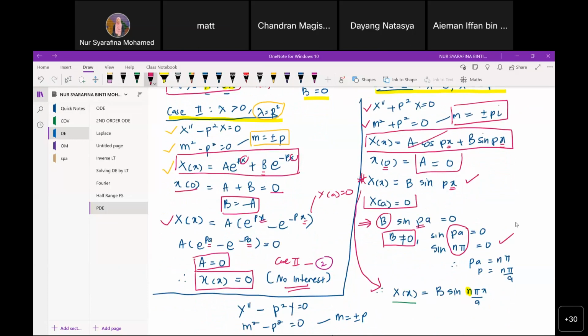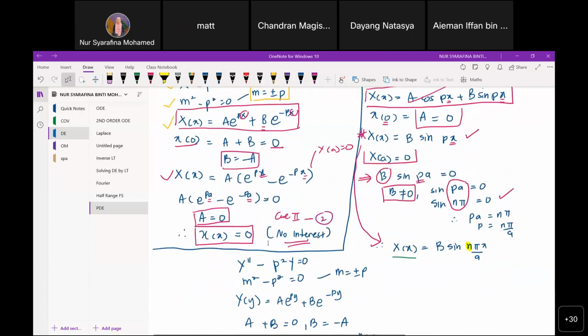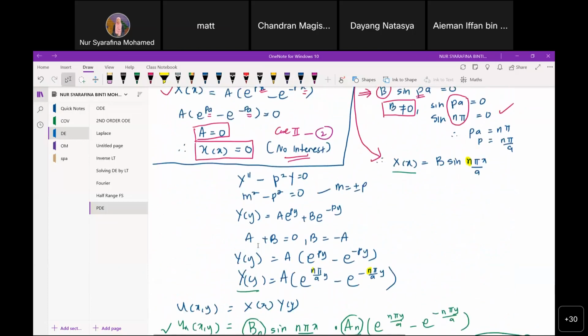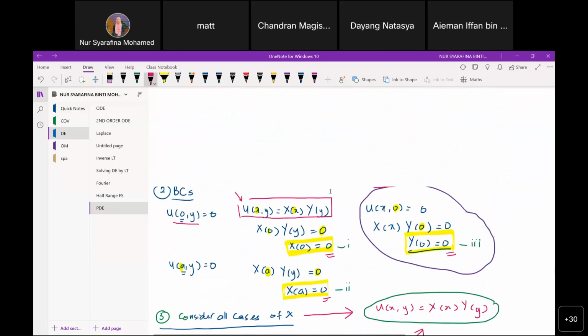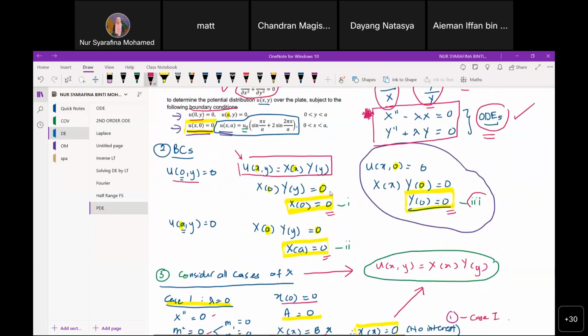When you have your X, then you need to find your Y. So substitute again. This is your y double prime minus p squared y equals 0. Changing to the characteristic equation will give you real and distinct roots. So this is the solution for real and distinct. Again, we have the condition of Y. Y(0) equals 0.